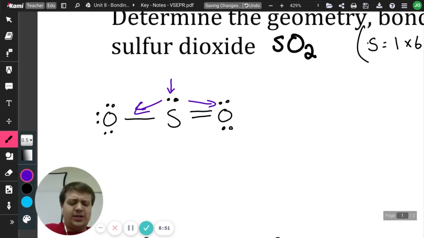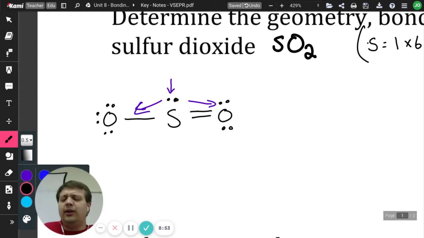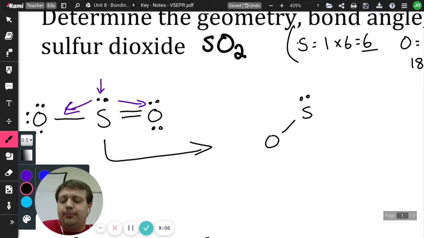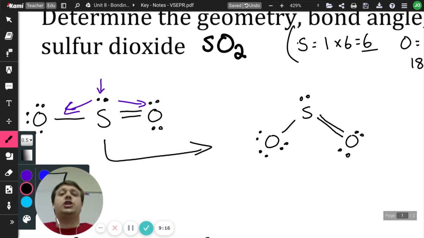So what does that do to my shape? Well, it's going to take this and bend it down. So I'll have my sulfur with its lone pair up there. And then those 2 oxygens actually get pushed away. And so we get this shape right here.